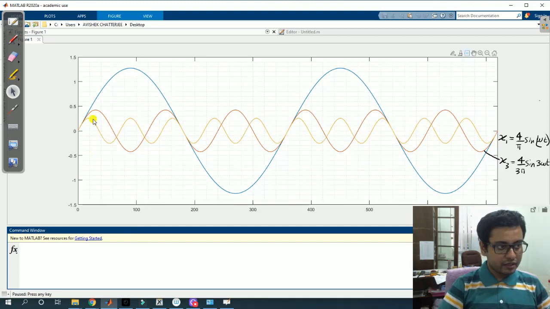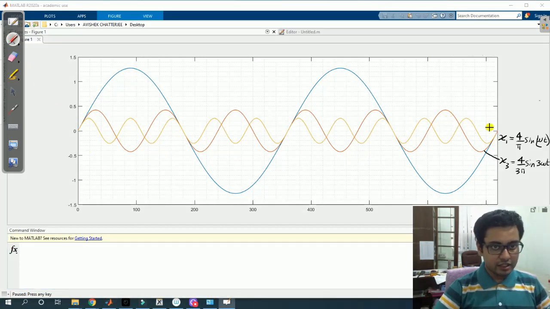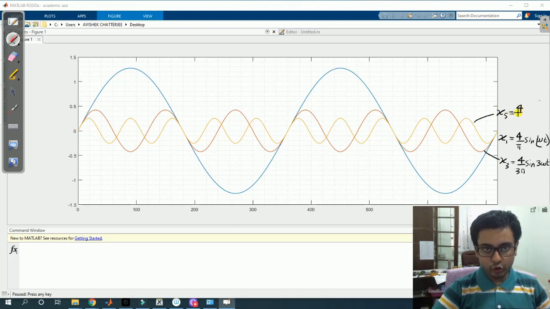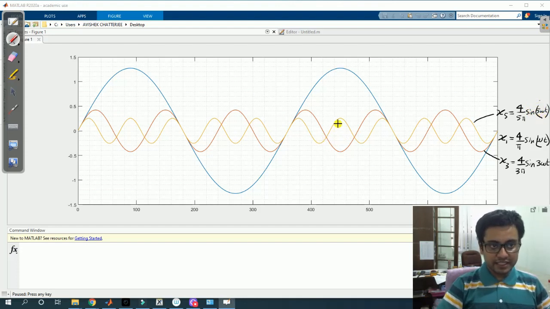Similarly, this signal you can call x5 equal to 4 by 5 pi sine 5 omega t. This has a frequency 5 times that of x1 and amplitude 1/5 of x1.